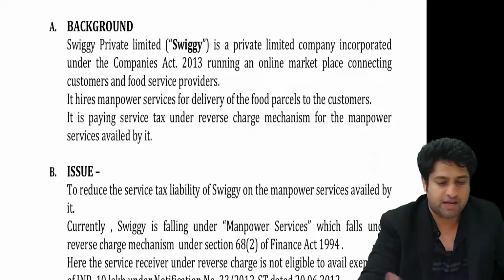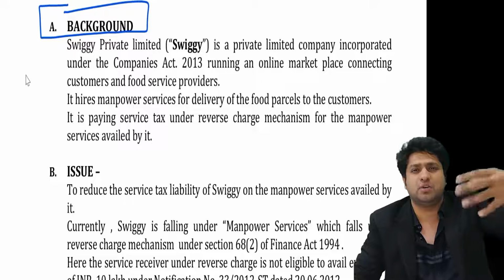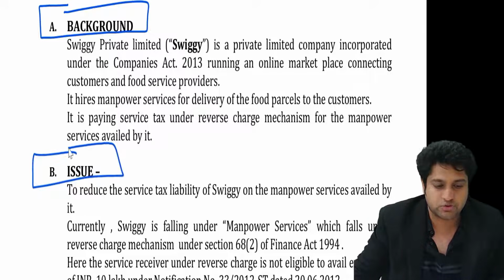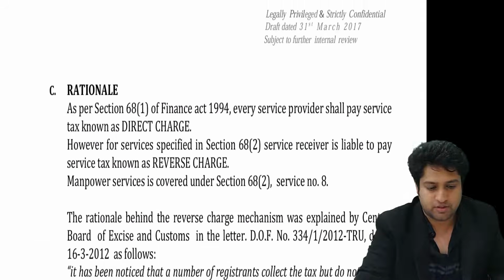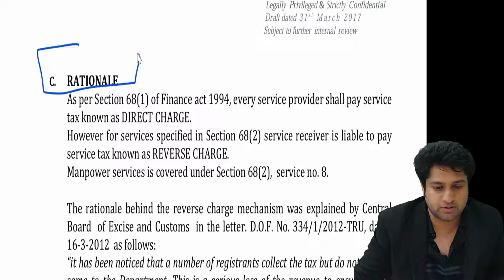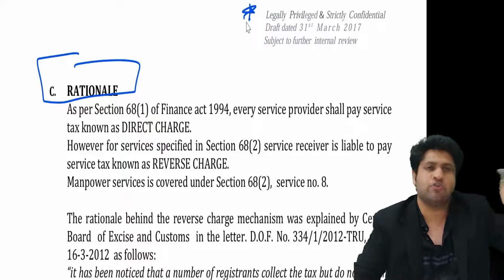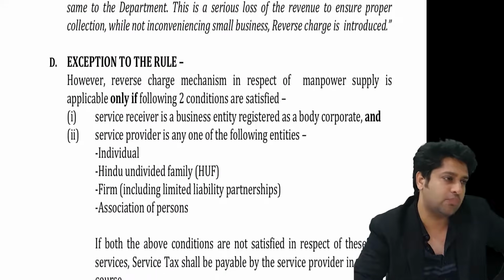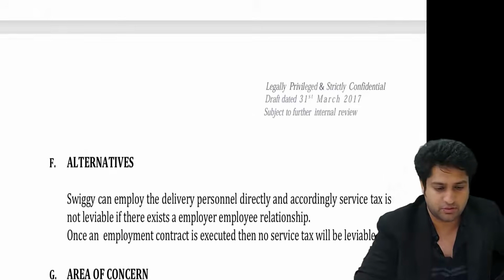Then you give a background, about the company, that it's a private company dealing in XYZ. Then the questions asked, and each one you have to answer along with the law. This is normally written as private and confidential for internal purpose. I've changed the names. This was an old matter, and in the end you give your opinion and you end it.